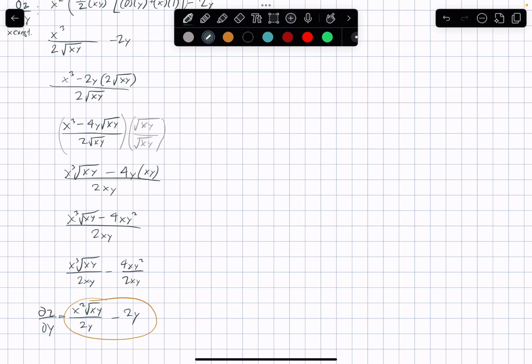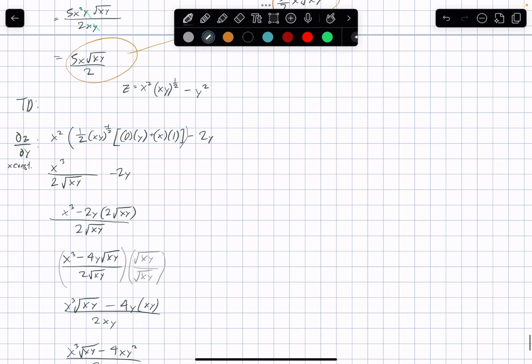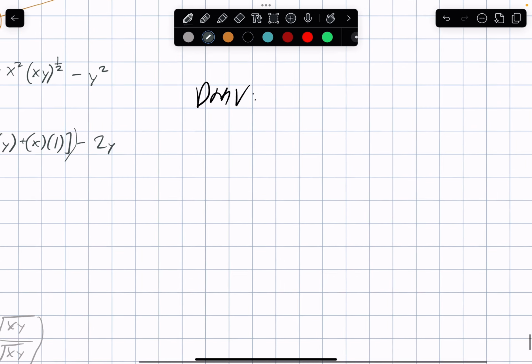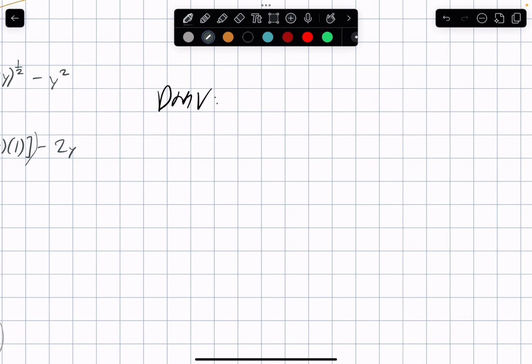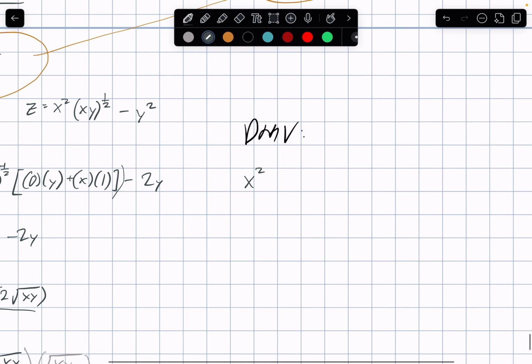So that's how you solve using total differentials. How about using differentials of multiple variables? So x squared, x raised to 1/2 y raised to 1/2 minus y squared, and then combine the x's.